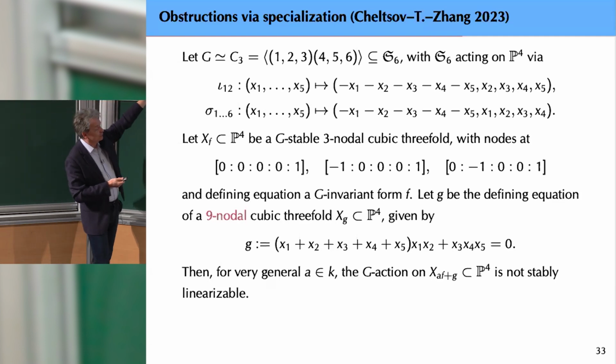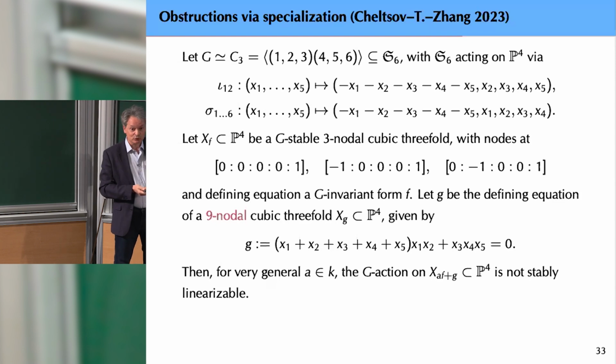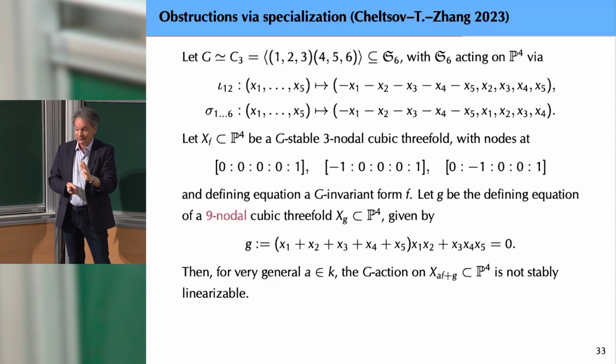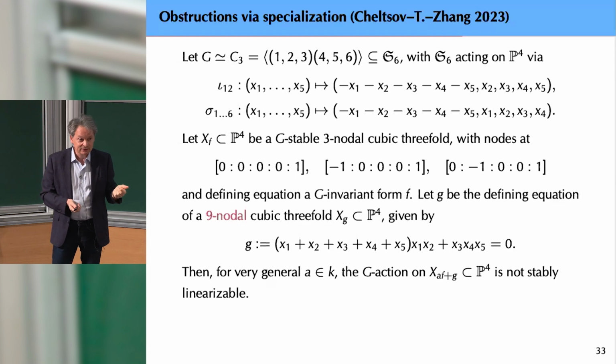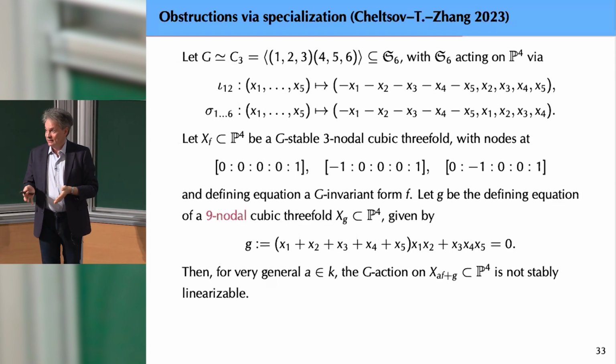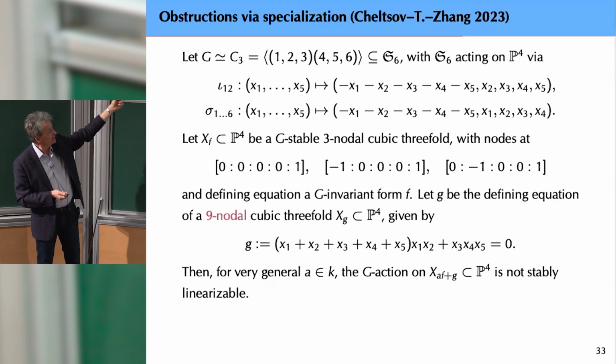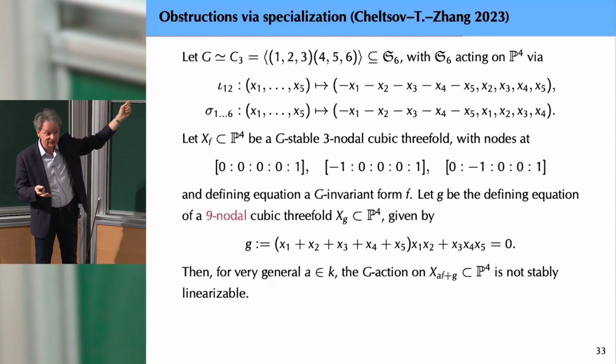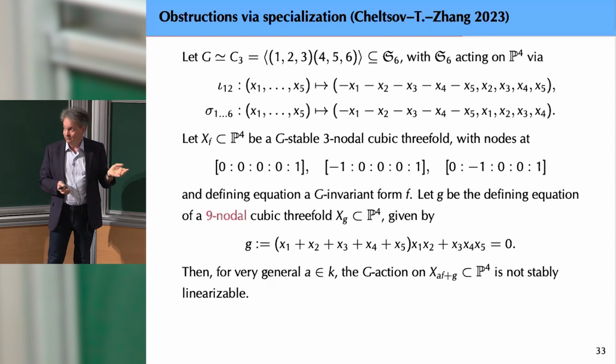And now I'm going to look at the family of these cubics, the 3-nodal ones, specializing to the 9-nodal one. And the 9-nodal one picks up cohomology. And the theorem then says that a very general 3-nodal one, that doesn't have any cohomology, that doesn't have any visible obstructions, cannot be stably linearizable.